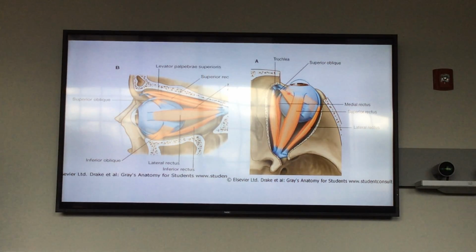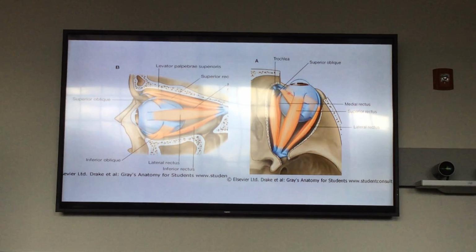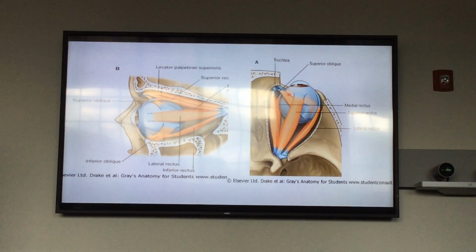The superior rectus, when the pupil is lateral, is going to draw the pupil up. But the superior oblique, when it's medial, is going to draw the pupil down. Vice versa, the inferior oblique, when you draw the pupil medially, is going to draw the pupil up. The inferior rectus, when you draw the pupil laterally, is going to draw the pupil down.